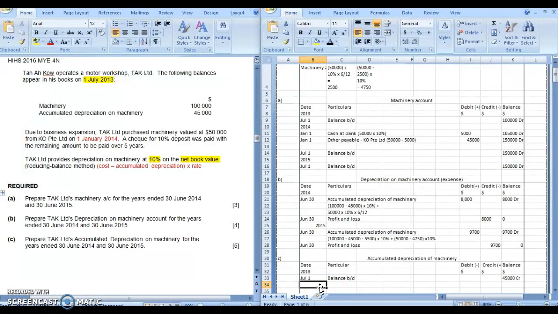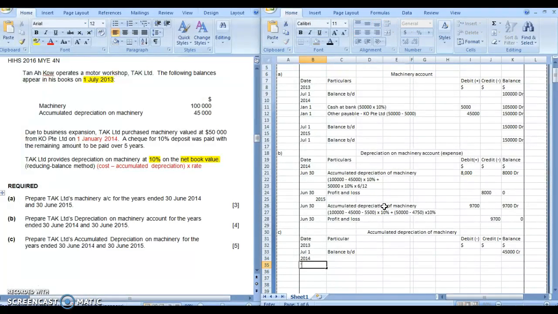Next, we're gonna go to the last day of the financial year, so it's gonna be this entry. So it's like the opposite. So we're gonna have to write the year first, right, June 30th.